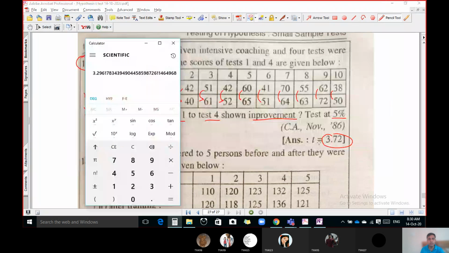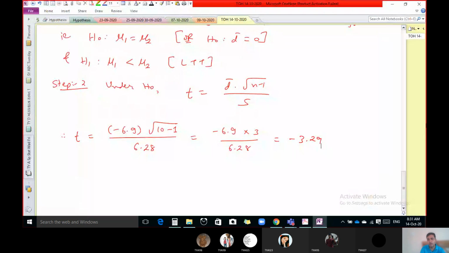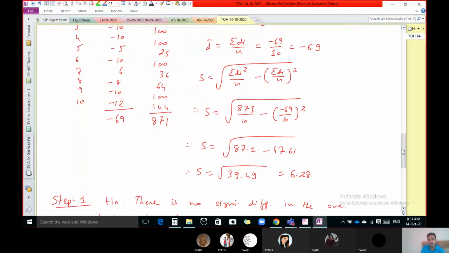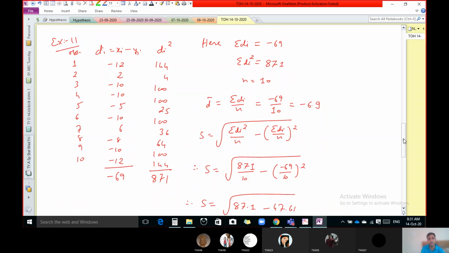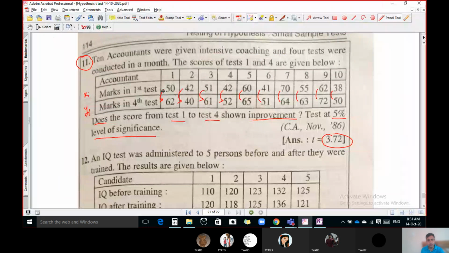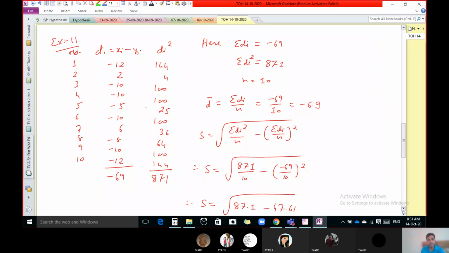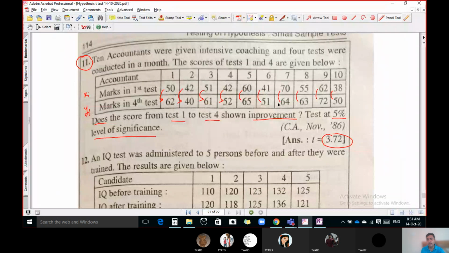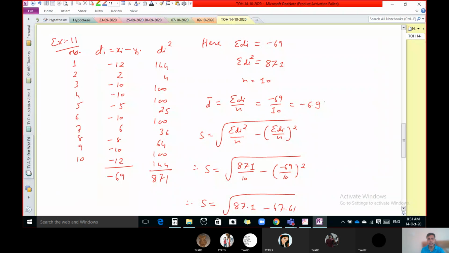Our answer is 3.29. Check once again, is there any mistake in the calculation? Let us verify once again. This is minus 12, 2, minus 10, minus 10, minus 5, minus 10 plus 6, this is minus 8, minus 10, and this is minus 12.